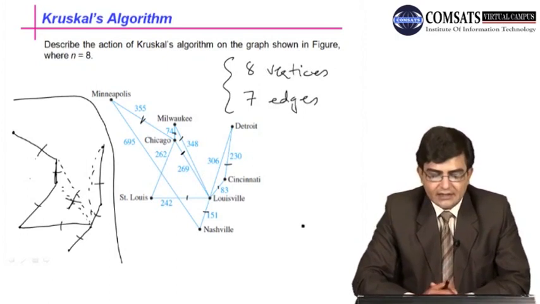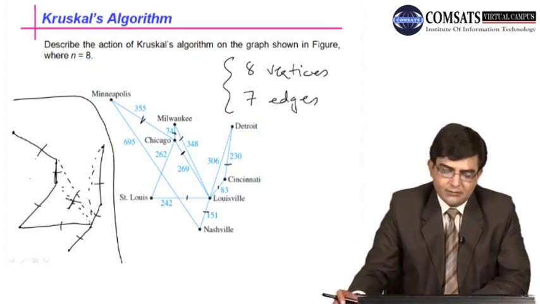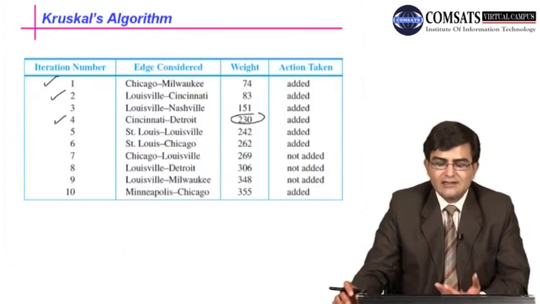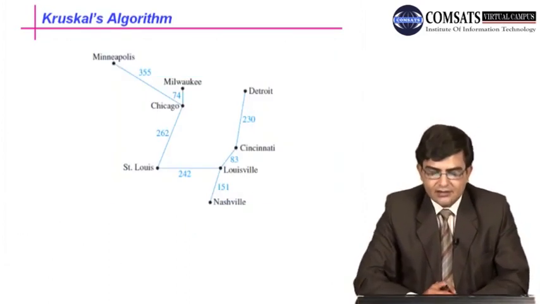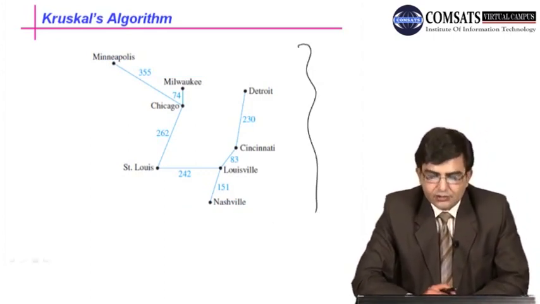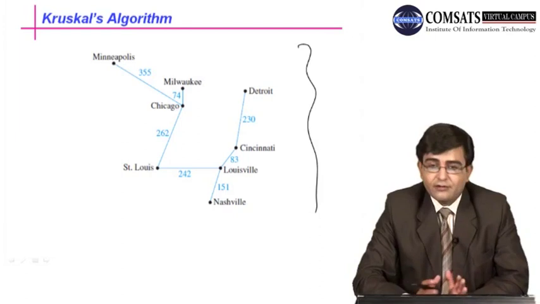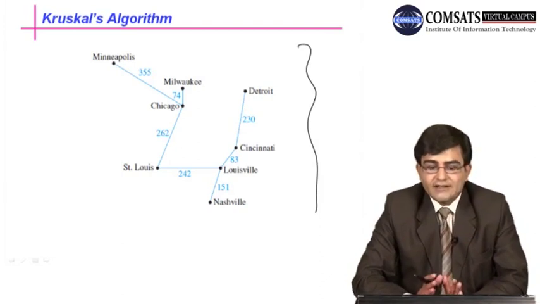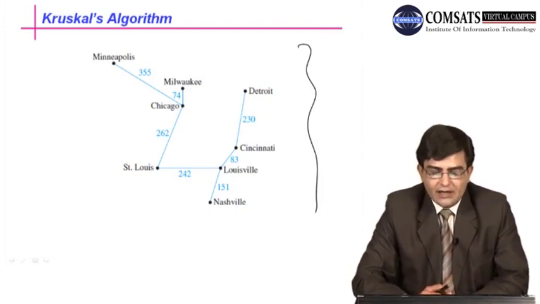Therefore this is basically a minimum spanning tree, and this is basically Kruskal's algorithm, and Kruskal's algorithm gives us this minimal spanning tree, which is the solution for that airline company which wants to expand their service to other cities.